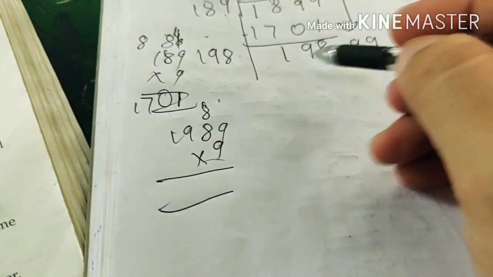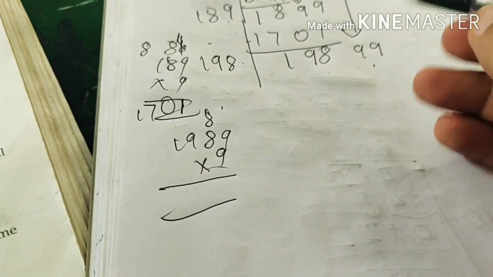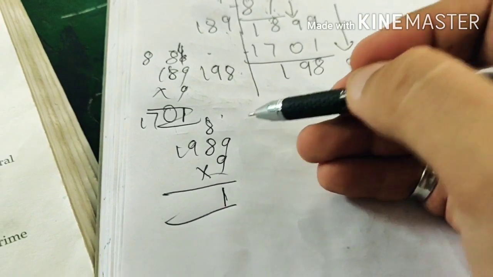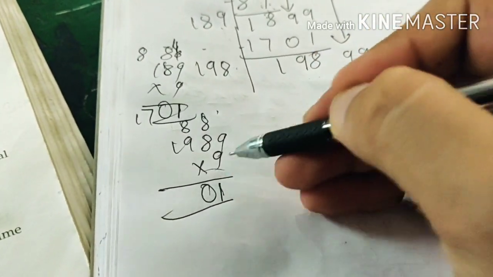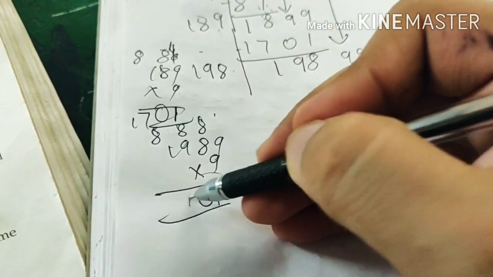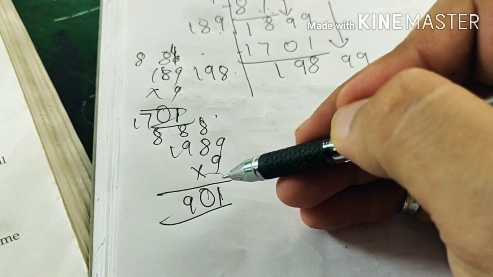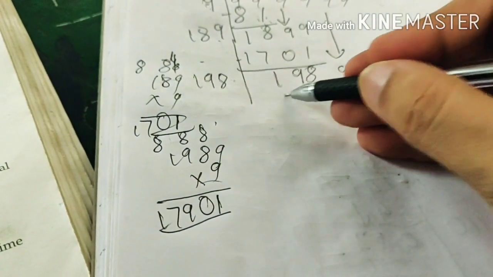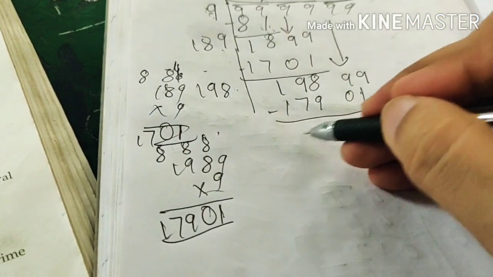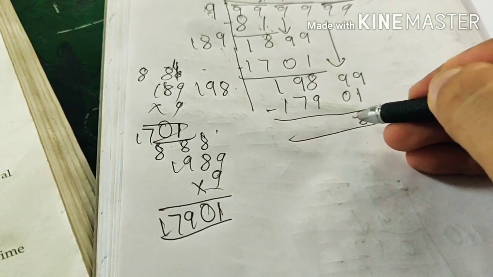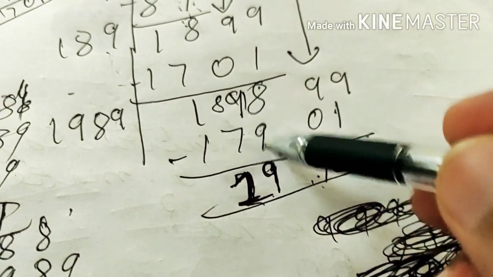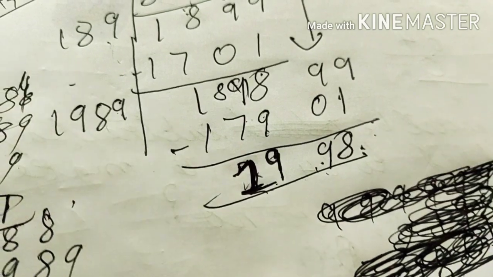We will take a number that comes nearest to it, not more than it. 9 eights are 72 plus 8, 80. 9 nines are 81, 81 plus 8, 89. 9 ones are 9 plus 8, 17901. Subtracting this, what will we get? 8. And further subtracting it, we will get 199 here and 1 here. 1998 will be the remainder.